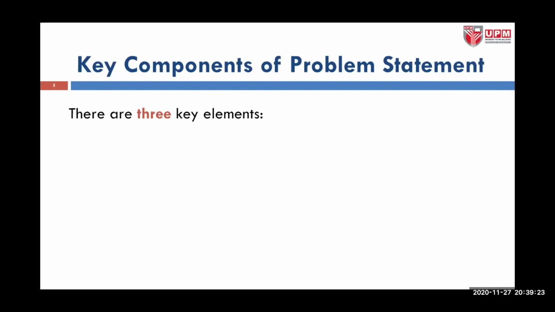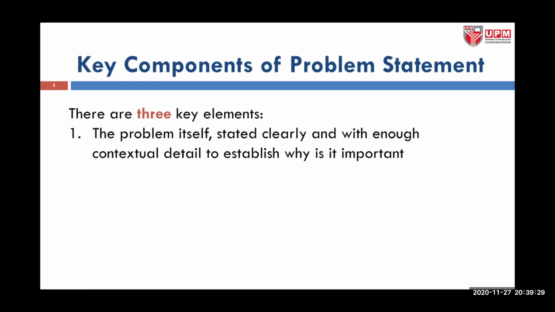Key components of a problem statement. There are three key elements. What are the key elements of a problem statement? The first one is the problem itself, stated clearly and with enough contextual detail to establish why it is important. So that's the first key element.